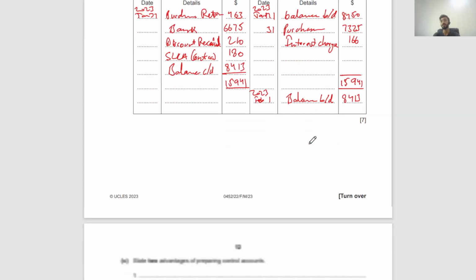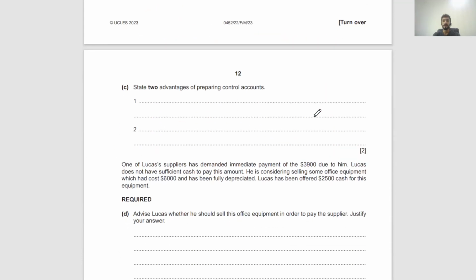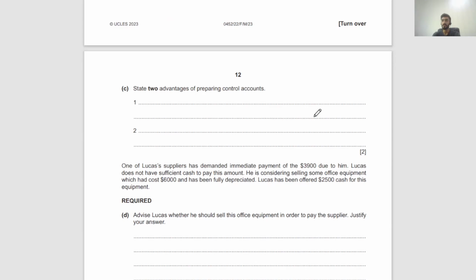That's a lot of marks. 7 plus 6, 13 marks for those two. Easy. State two advantages of preparing control accounts. Well, we can say they provide totals for trade receivables and trade payables, useful in preparing financial statements.